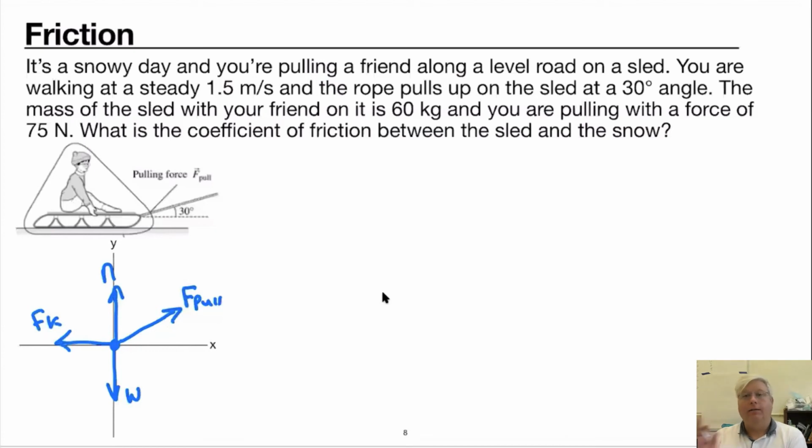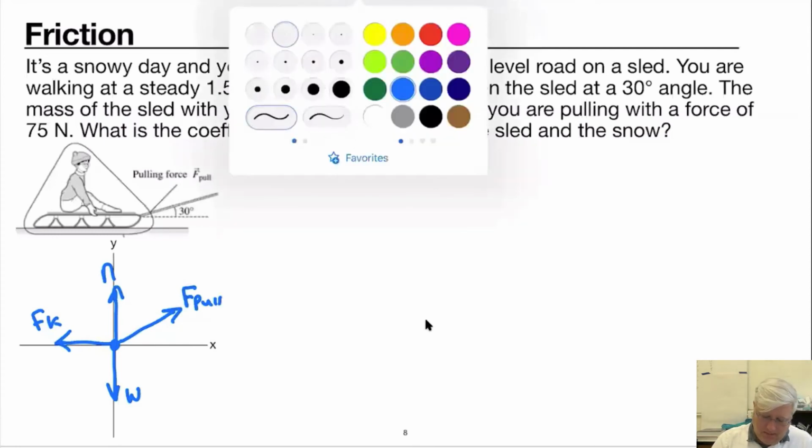And the fact that it's steady is giving us the clue that we're dealing with a dynamic equilibrium situation, right? A situation where we're moving at a constant velocity, so the net force is 0. And so that's our clue that we can apply this equilibrium model.